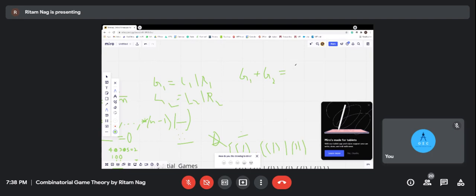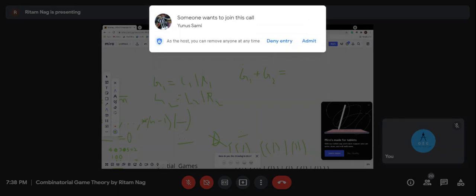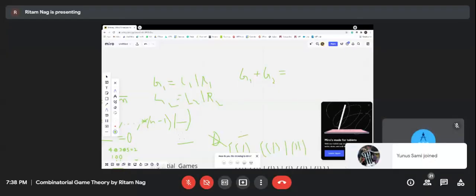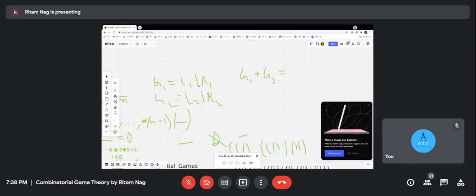Does anyone want to define it for me? Do you have any guess for what this should be? This will be recursive in L1, R1 and L2, R2, and you will need to define the sum recursively on the smaller games.